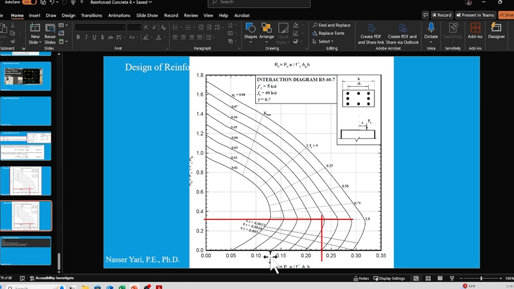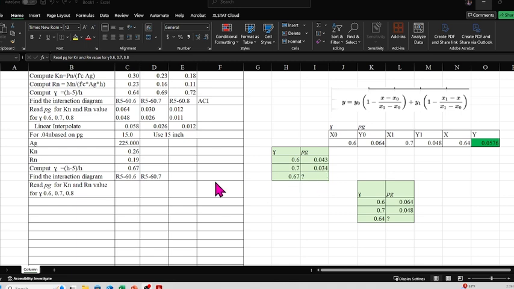Again, our K value came out to be 0.26. 0.24, 0.26 is down here, and 19 is right there. And this line is 0.03, 0.04, 0.034. Sounds good. So we're going to go 0.034, and our gamma came out to be 0.67.